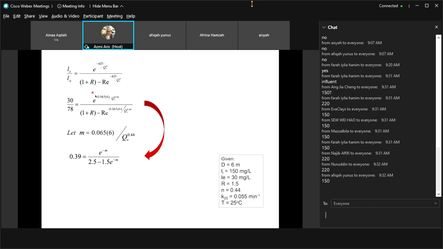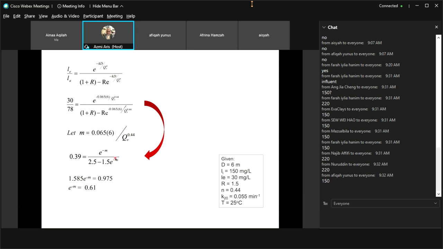So this is 1 plus 1.5, 2.5 minus 1.5 e to the power of minus m. We keep this term as m, so we solve for m.